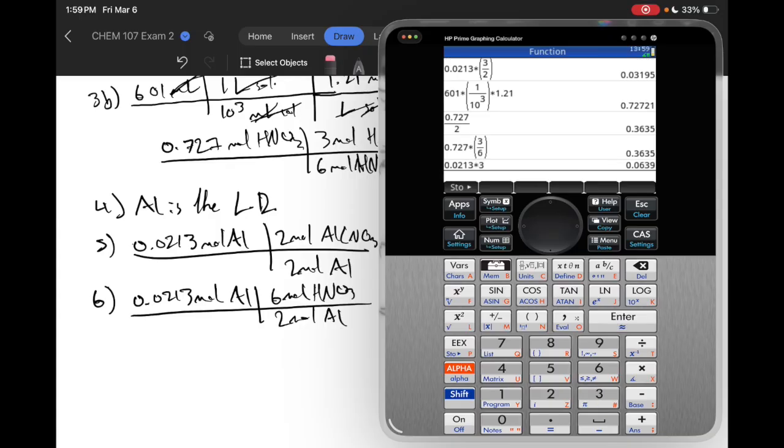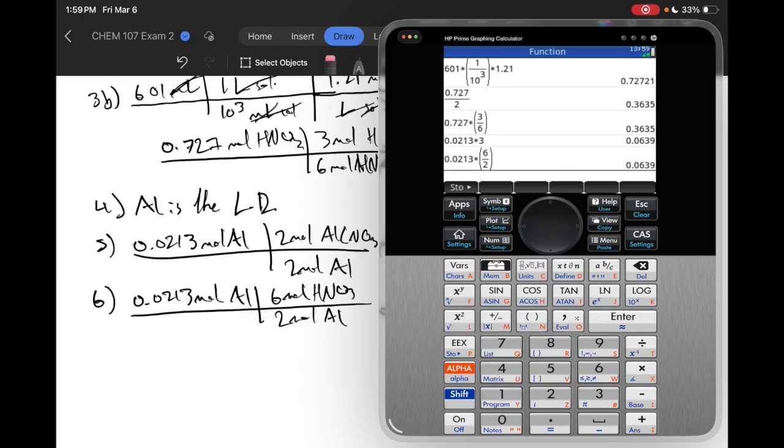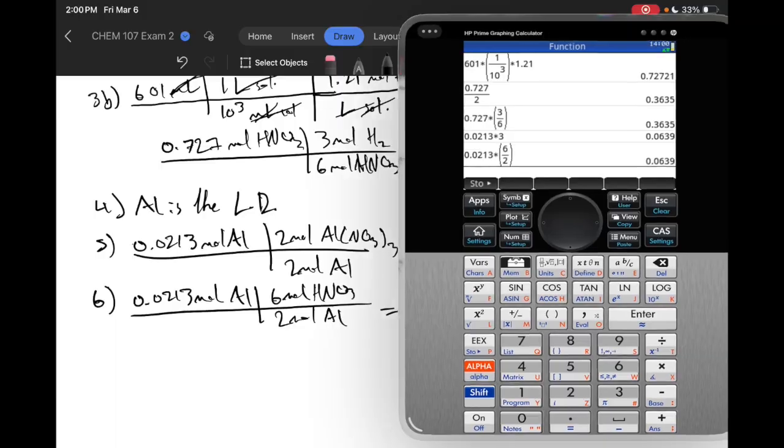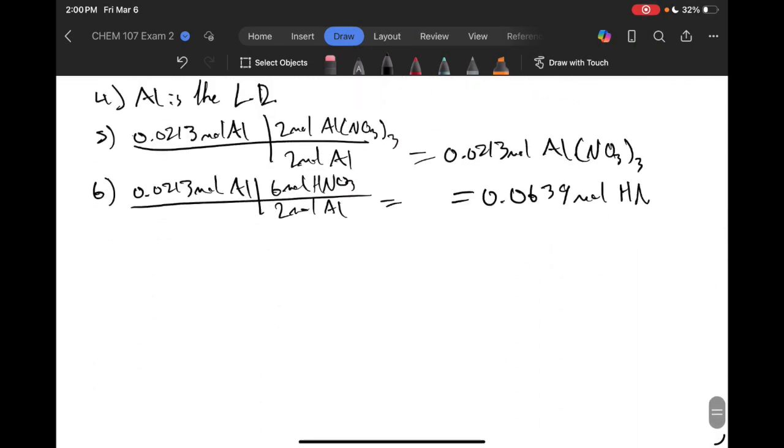I can do it the other way if you don't believe me, 0.0213 times 6 over 2. Okay, that's going to equal 0.0639 moles of HNO3. This is going to be used.